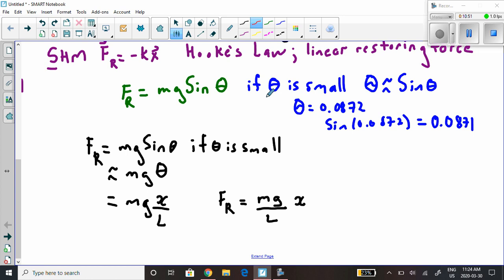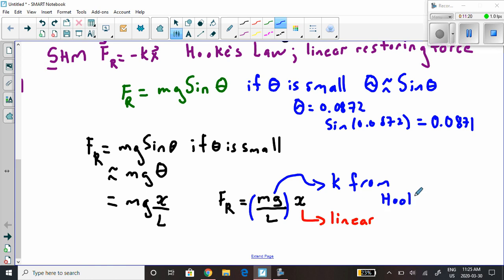So look, there is our linear relationship between the restoring force and how far you are away from the rest position. It's linear. It's not x squared. It's not x cubed. It's not 1 over x. It's not sine x. It's linear. And this term here basically becomes the k from Hooke's law. There you have it.